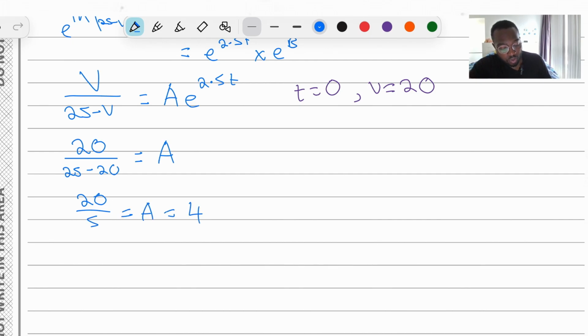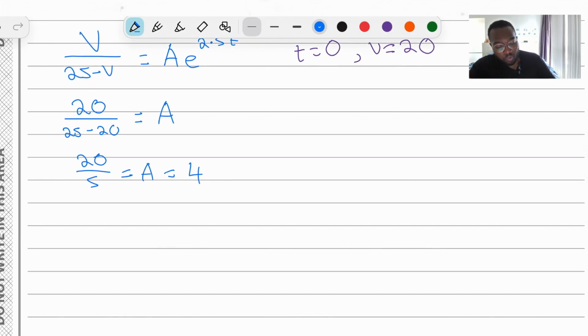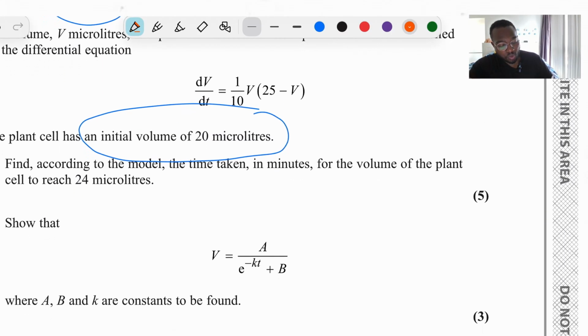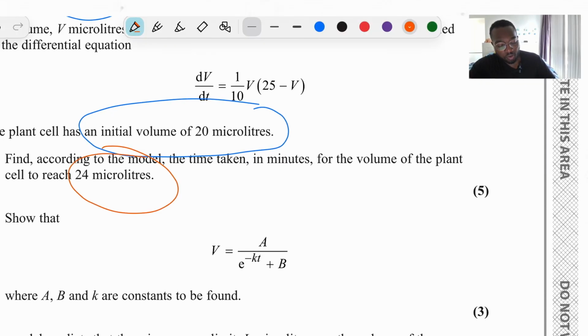If we know a is 4, then we've worked out a general equation to this. The general equation would be v over 25 minus v is equal to 4e to the 2.5t. And now in the question, they say that they want us to work it out when it reaches 24 microliters.